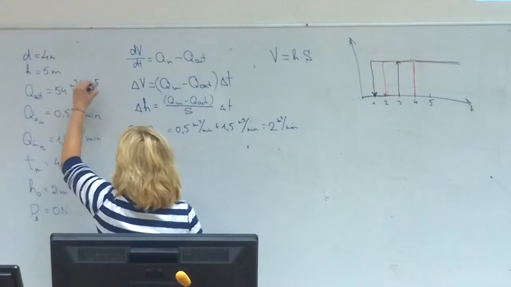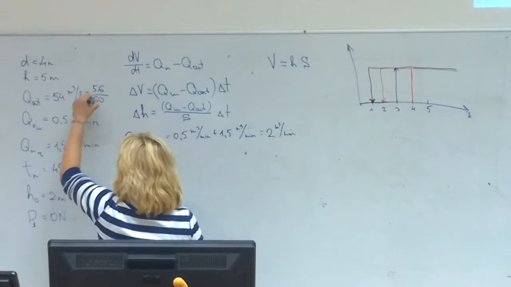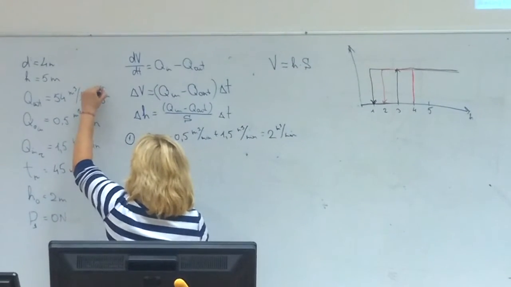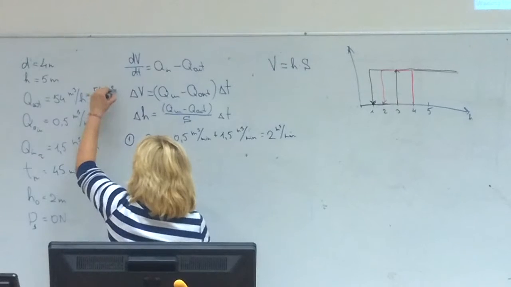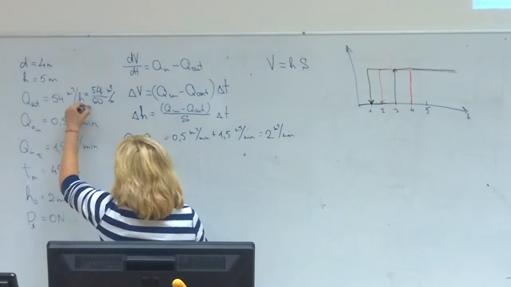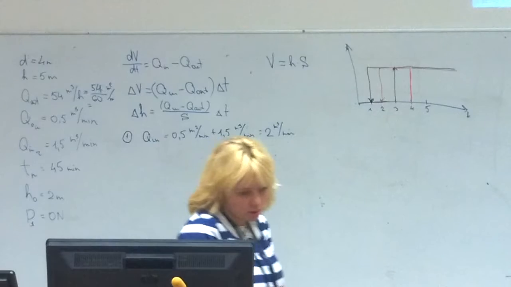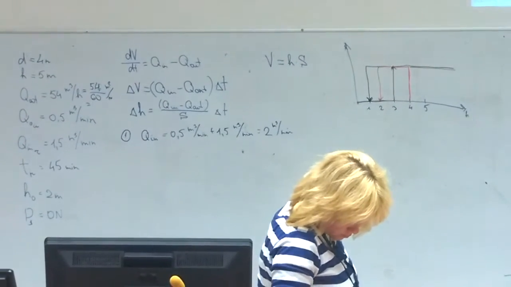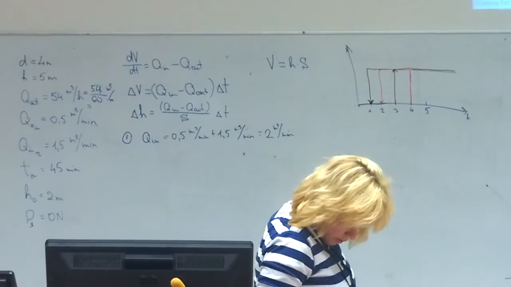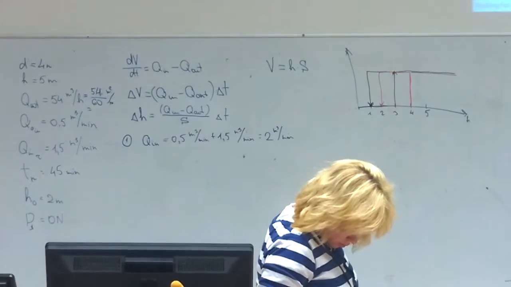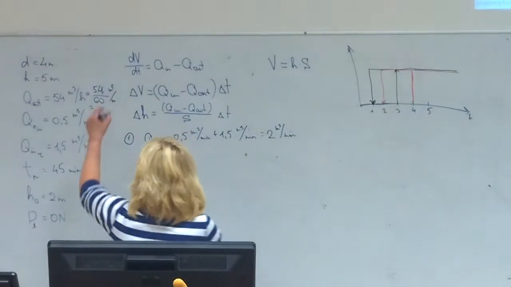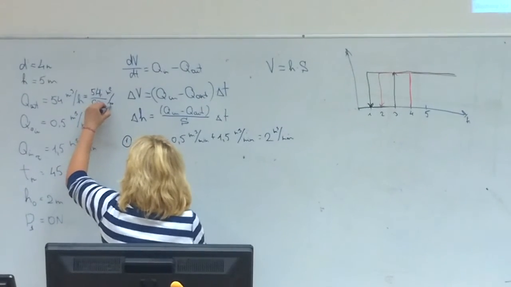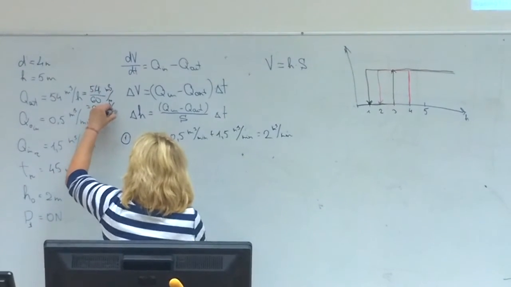So because in an hour we have 60 minutes, if we divide that, we will have 0.9 cubic meters per minute.